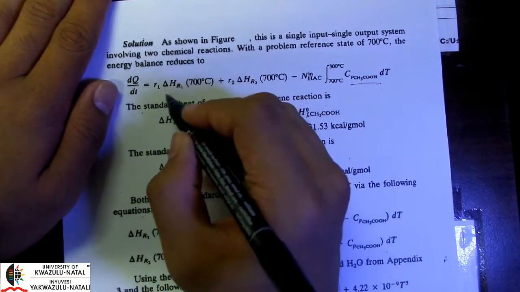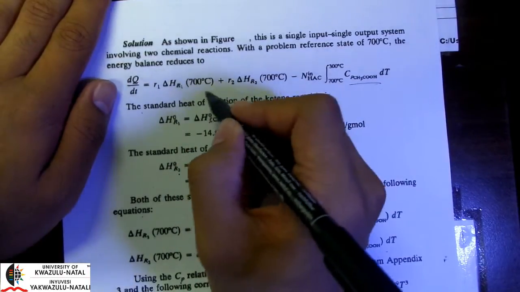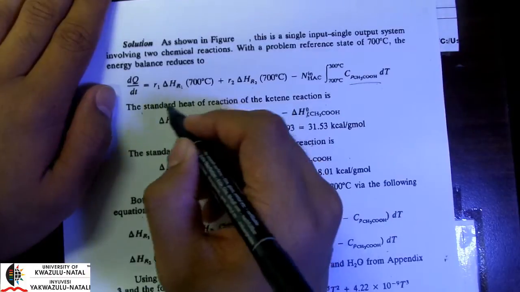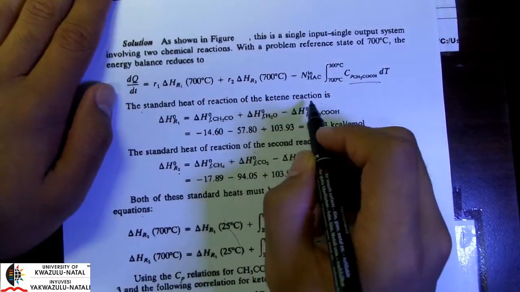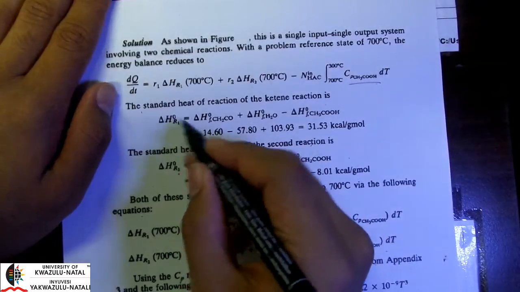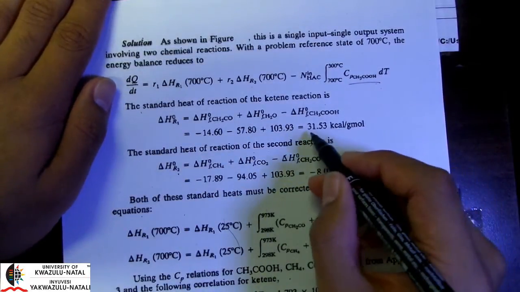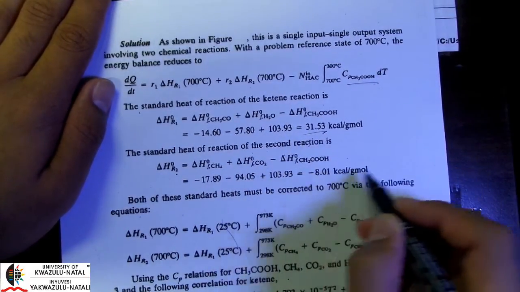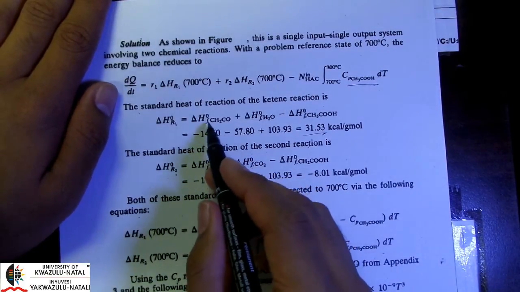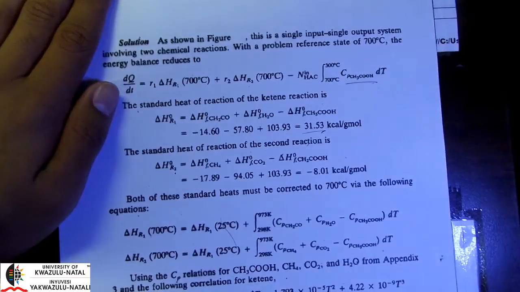Now let's deal with our reactions at 700 degrees. Now I can obtain my standard heat of reaction for reaction 1 as well as reaction 2 at 25 degrees, of course, quite easily, and I can do this by retrieving my heat of formation from my tabulated data.